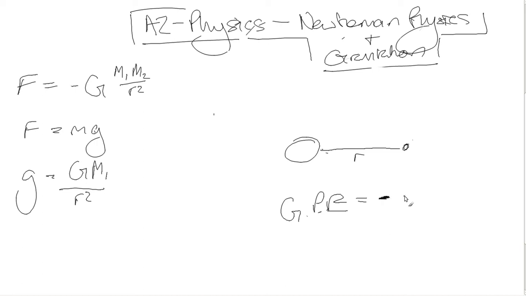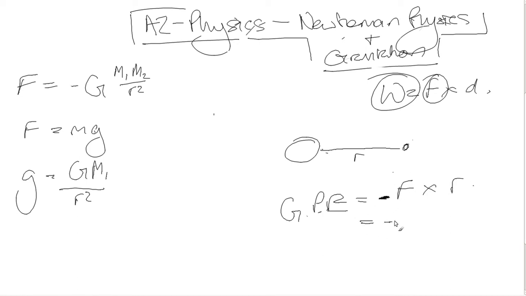Okay, and we know that work is equal to force times distance, right? So the energy, which in this case is GPE, is equal to the force that the object will experience at that distance multiplied by the distance, which is r, right? And what's the force?